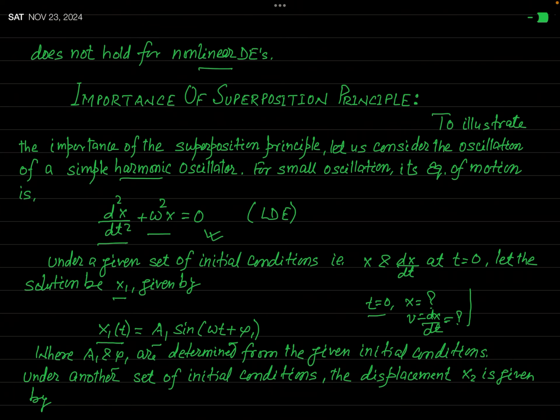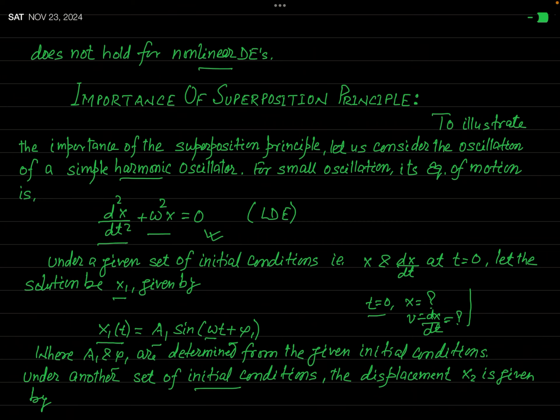Here you must remember that the angular frequency omega does not depend upon the initial conditions. So if you change the initial condition, it means you are going to take another set of initial conditions. Let us take another value of x and v at t equal to 0.